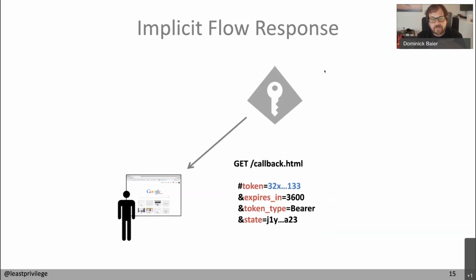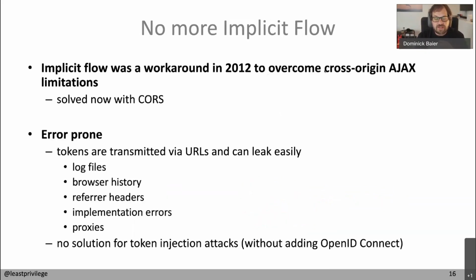And we found many problems with this approach because leaking is easy here, right? It's on the query string, it ends up in the browser history, it ends up in logs, and so on. So long story short, in 2020, we totally solved the cross-origin AJAX problem. So there is no need anymore to transmit tokens over URLs, okay? It's error prone, it is hard to secure.